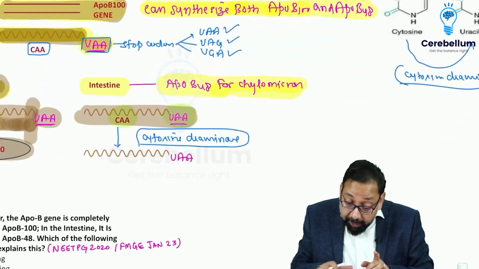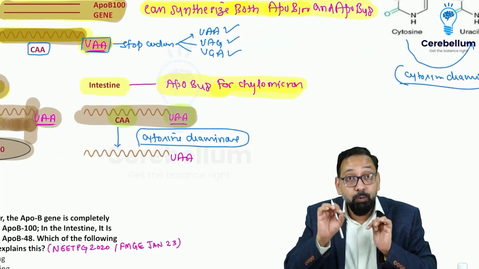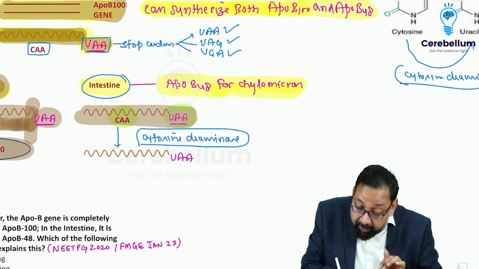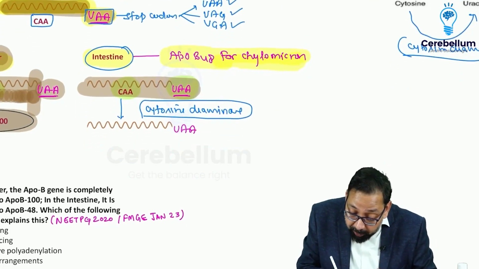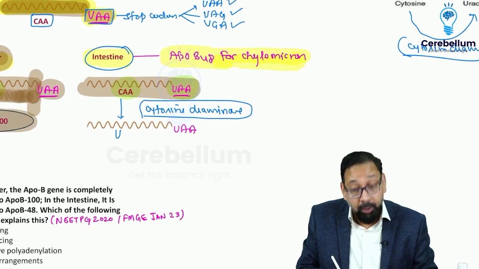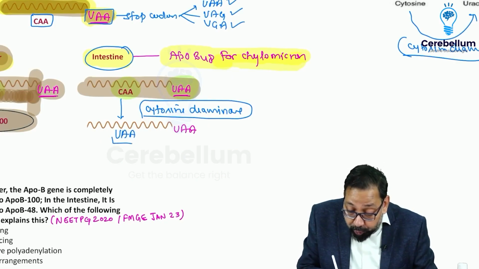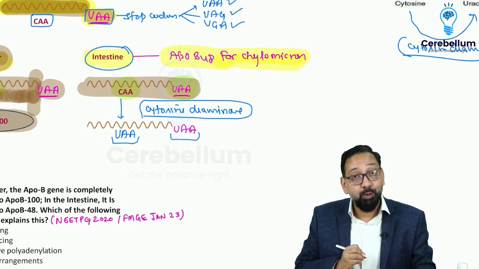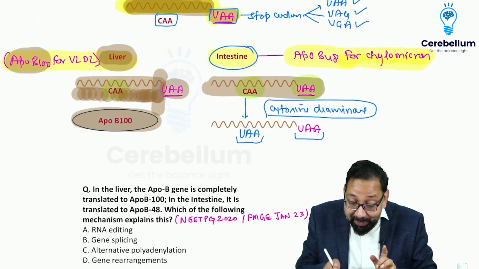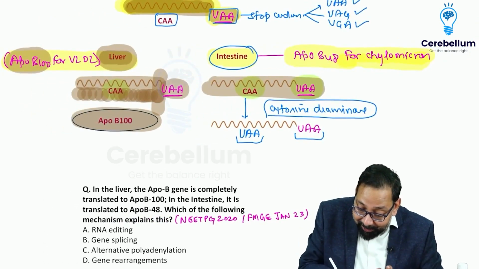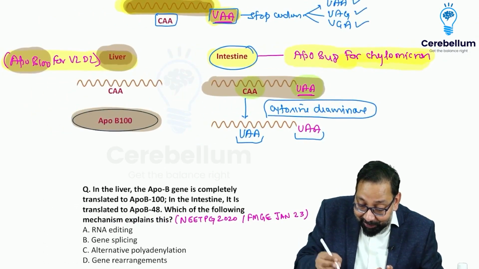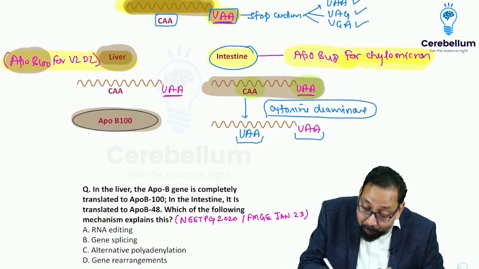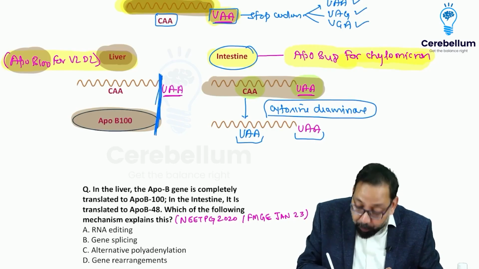So when cytosine deaminase acts on this messenger RNA in intestine, this cytosine will be converted to uracil, and it becomes UAA. I just told you UAA is a stop codon. So normally this messenger RNA takes part in protein synthesis in liver, and protein synthesis stops at this point.